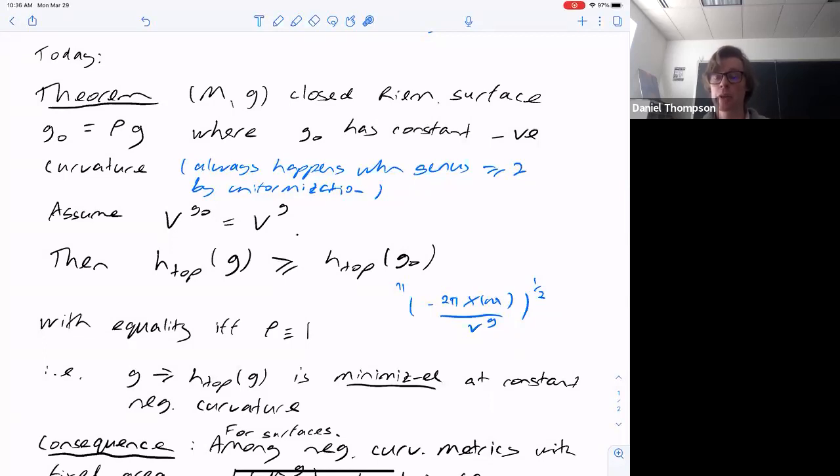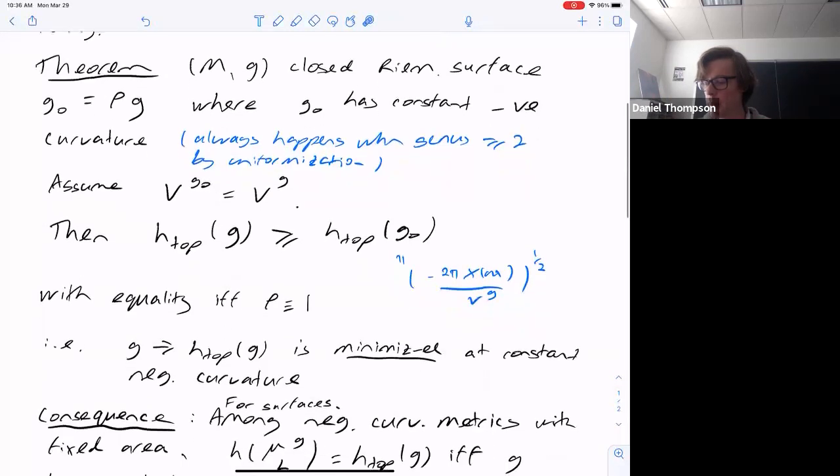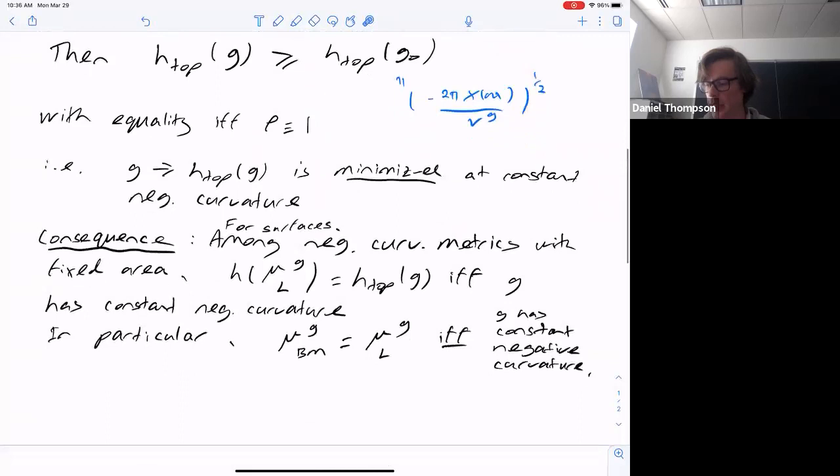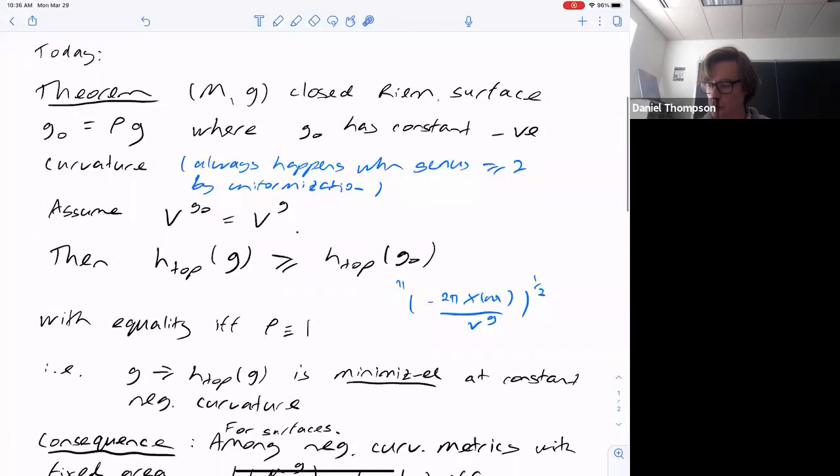It just sees what it sees, and as soon as you've got some varying curvature, it's inefficient, it doesn't see some of the complexity and wastes some complexity. That's the best slogan I could come up with for that. But I think the opposite side of that is maybe a little easier to believe here.